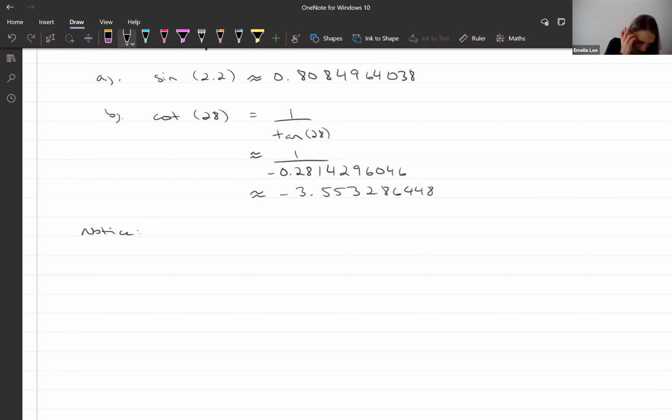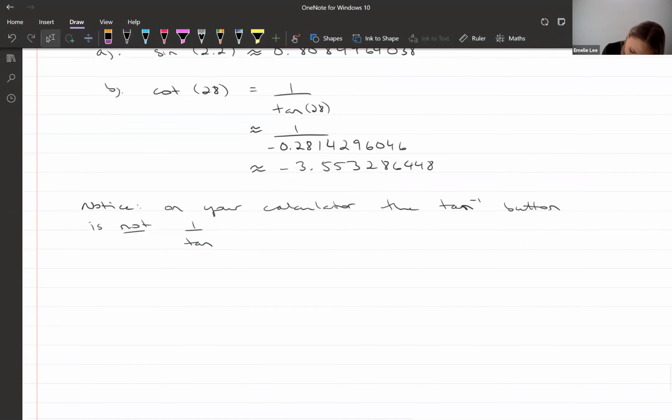So I will write that here. Notice that on your calculator, the tan inverse button is not 1 over tan. Okay? You can try it.